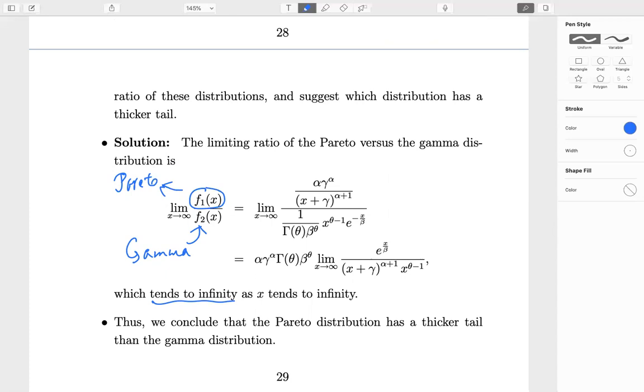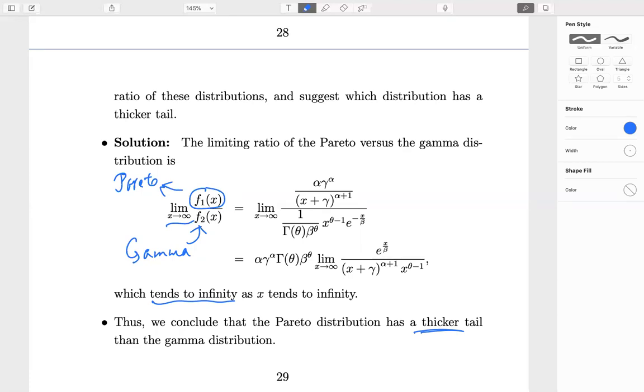The density of Pareto is much, much bigger than the density of gamma when x goes to infinity, so Pareto is more likely to have bigger losses. So it has a thicker tail than the gamma distribution, which is not surprising. We don't even have an MGF for Pareto, but we could have one for the gamma distribution. So that's the result.